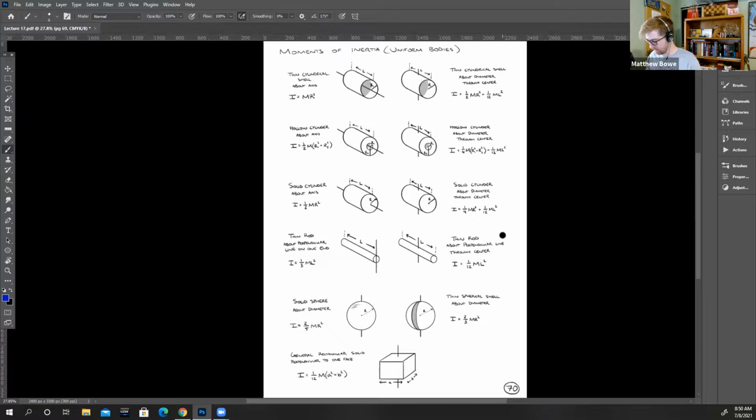If you look at the things on the left here, actually I should only say these top ones, they're all going straight through the object, through the center. So this water bottle spinning just like this. They have a different moment of inertia if it cuts through perpendicular to this object, like these. So that's for the water bottle that's tumbling like this.